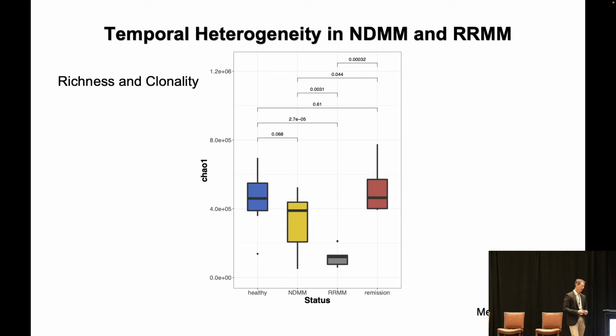And also before and after therapy, we saw similar changes. We had healthy controls, newly diagnosed myeloma, and then relapse, and the clonality and richness, so the array of T cells attacking the myeloma cells, was the lowest in the relapse patients. And patients who were in remission had a better immune system.